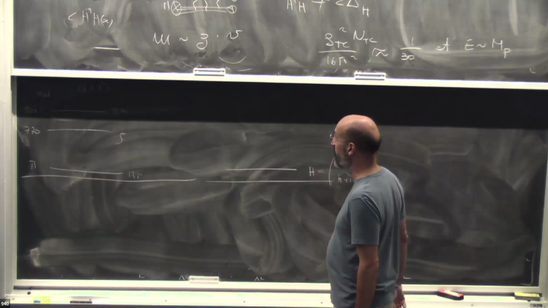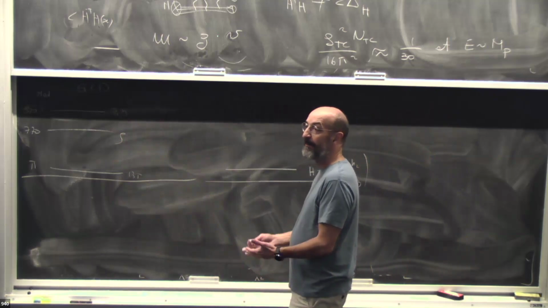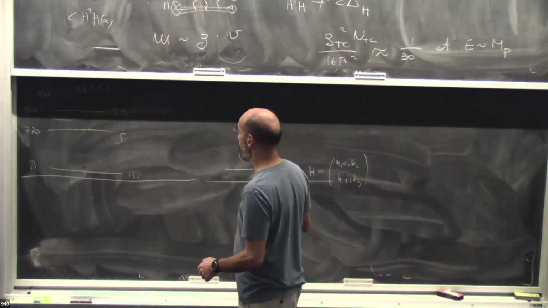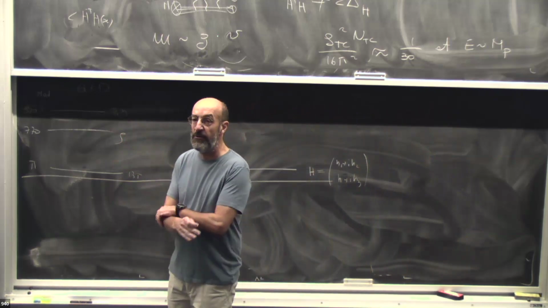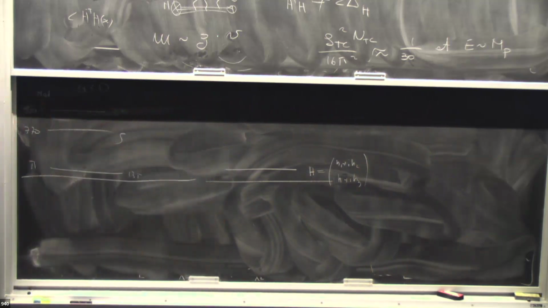This object should emerge very much like the pion emerges, as a naturally light degree of freedom, a pseudo-Goldstone boson. In other words, the degree of freedom whose mass goes to 0 in the limit where you turn off the sources of breaking of the symmetry, which in this case are the Yukawa coupling and the gauge coupling. And the situation is precisely the same.